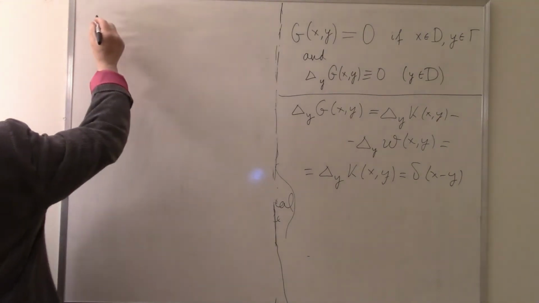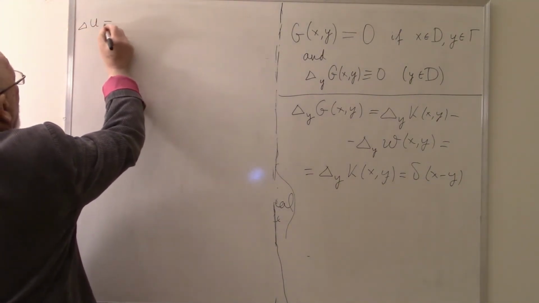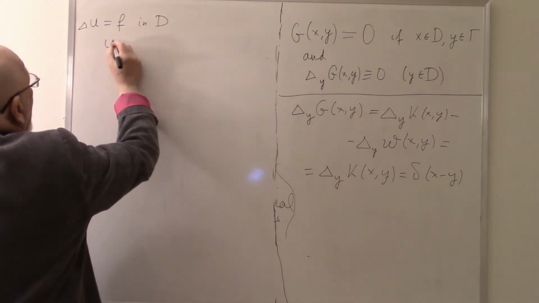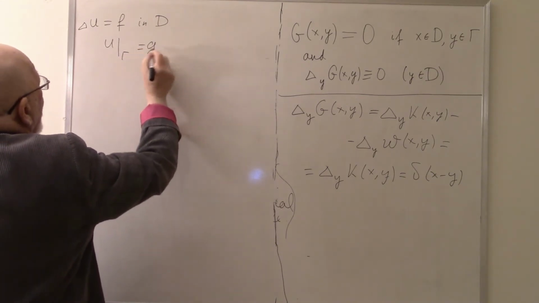So we write our problem: delta u equals f in D, u on gamma equals g.